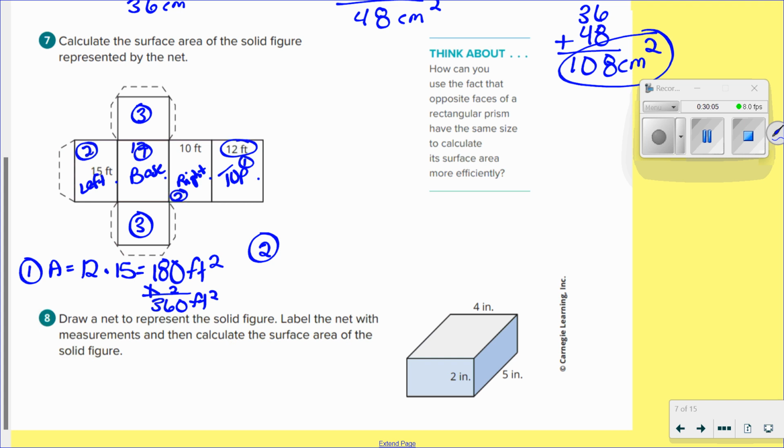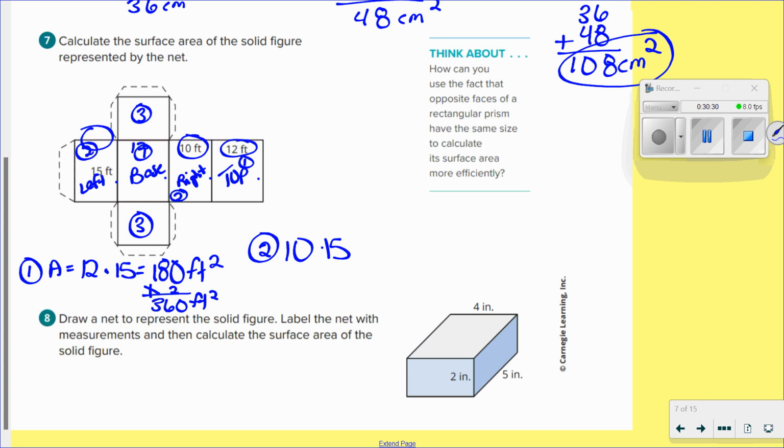All right. Second one. My left and my right. What is the width of my left? 15. Yeah. 10. And what is the length? You said it a minute ago. 15.